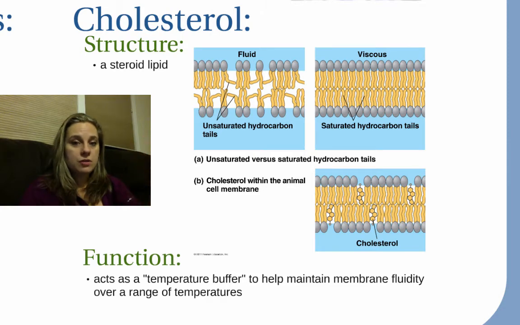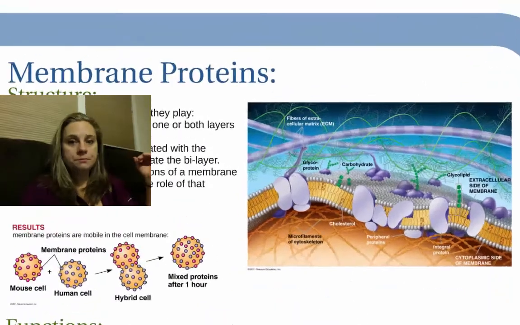So then you get cholesterol that gets shoved in there, and it acts as a temperature buffer. It helps maintain the membrane fluidity over wide ranges of temperature, so that we don't end up having cell membrane breakdown. It also allows for a little bit more rigidity for that cell membrane as well.